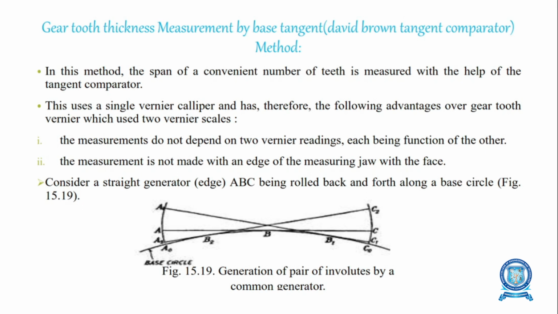Here, a single vernier caliper has the following advantages over the gear tooth vernier, which uses two vernier scales. One is the measurement does not depend on two vernier readings. Second one is the measurement is not made with an edge of the measuring jaw, but with the face.